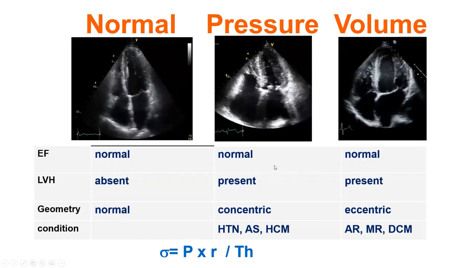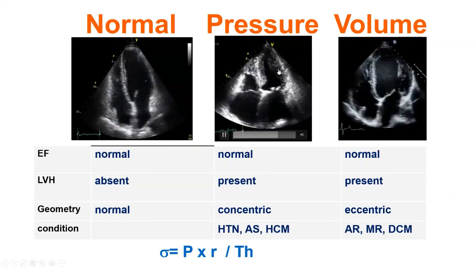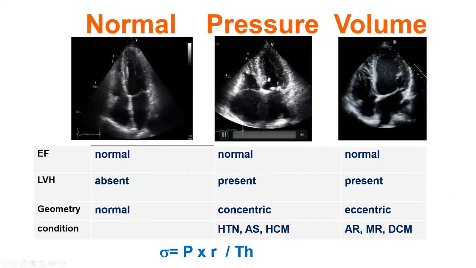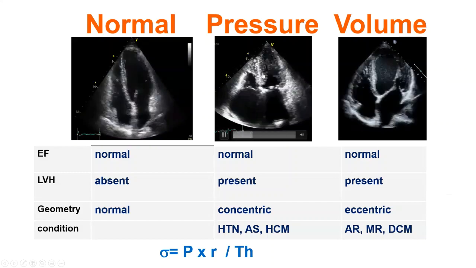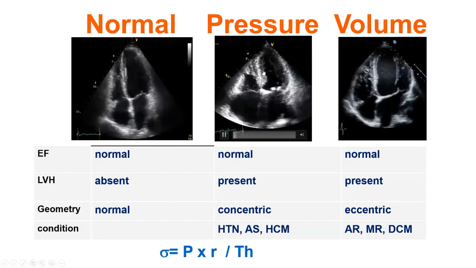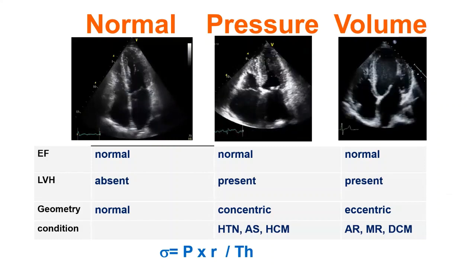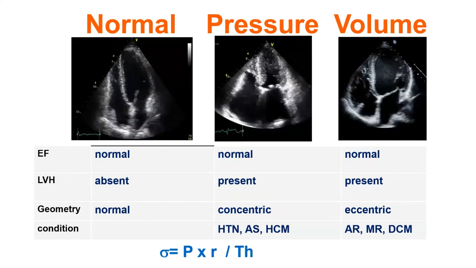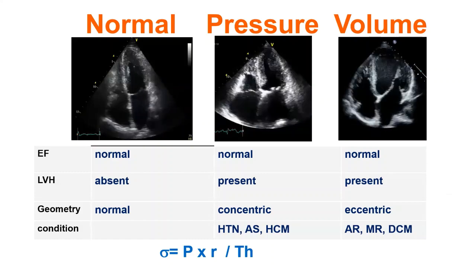So let's take pressure overload and let's take this hypertensive heart here, for example. Ejection fraction is normal, as you can see. Hypertrophy is present. Now you have to take my word for it. This wall thickness is so much greater than normal that when we end up calculating the left ventricular mass, we'll see this later in the lecture, and index it to the size of the person, left ventricular mass index is elevated.